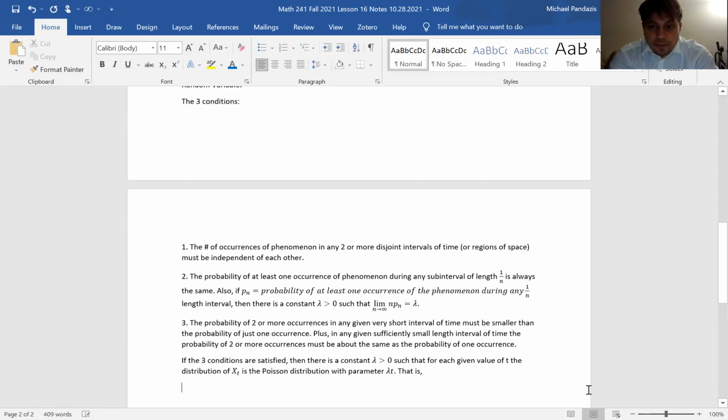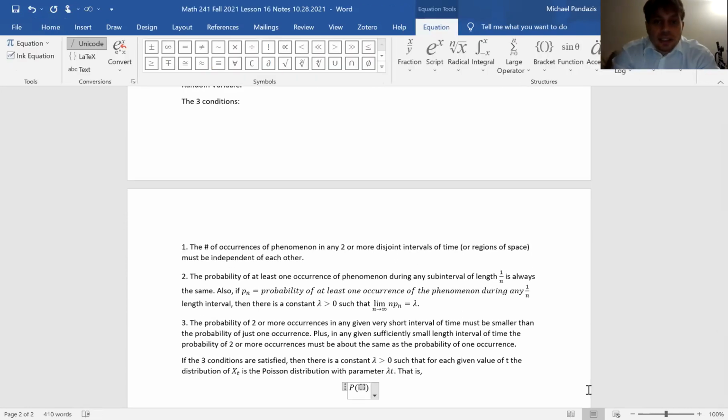That is, the probability of your random variable x sub t equaling little x is equal to the Poisson probability function with parameter lambda t.